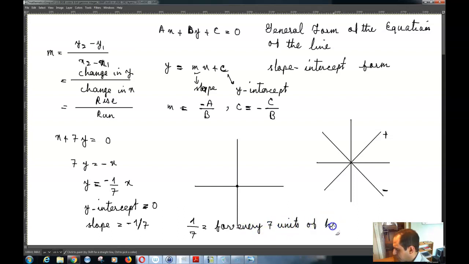you will have 1 unit of vertical change.